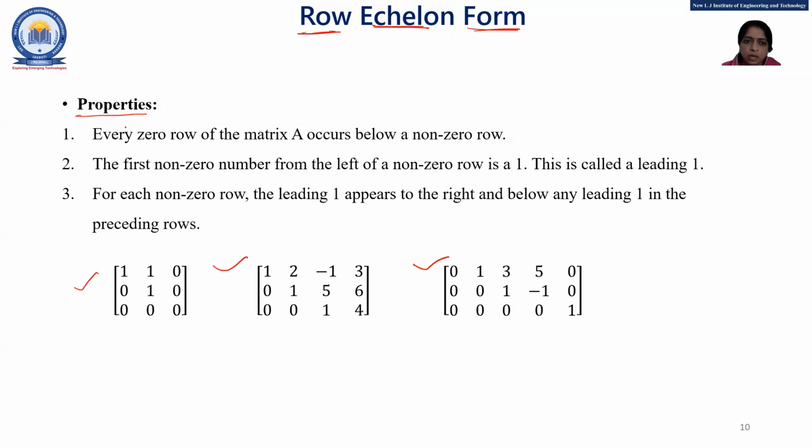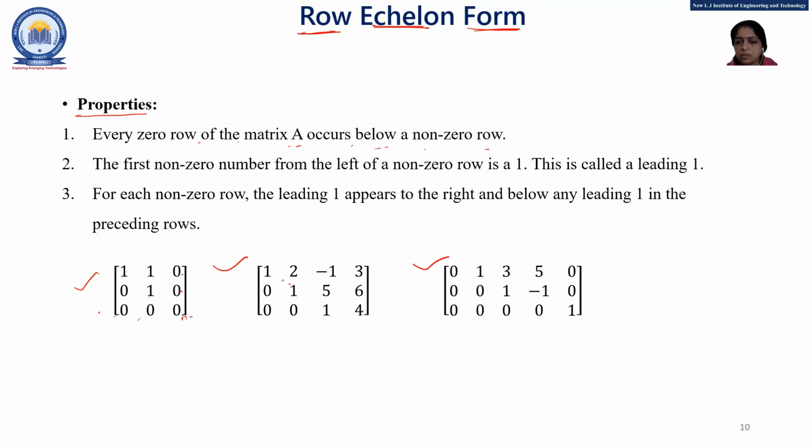So every zero row of the matrix A occurs below a non-zero row. See, in the first case, what is our zero row? The last one is our zero row. Every zero row occurs below the non-zero rows, right? The first is a non-zero row, the second is also a non-zero row. The last one is a zero row.